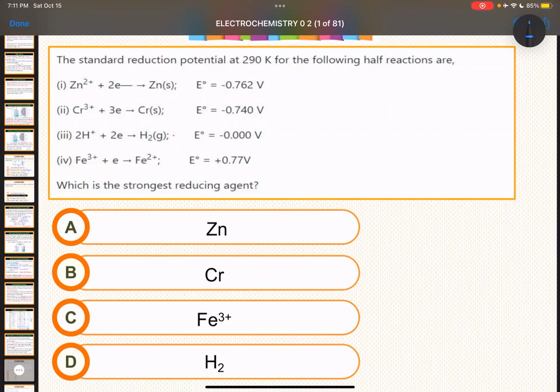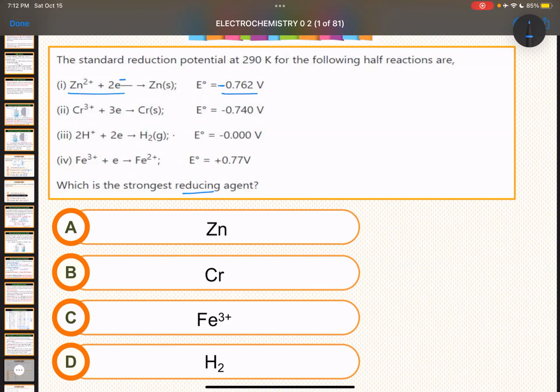Zinc. Yeah, strongest reducing agent. Yeah, so the one which is not accepting is this one, because it has a very negative value. The largest negative value means the zinc 2 plus doesn't want to accept electrons.